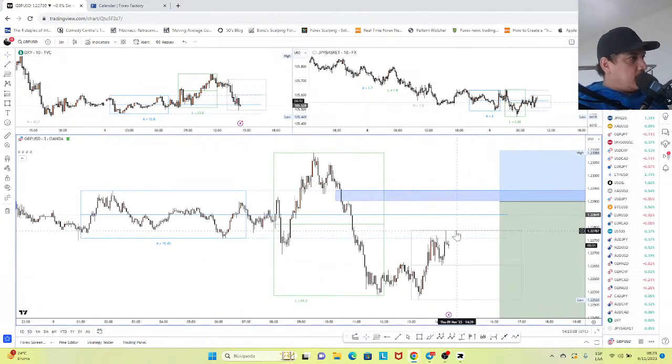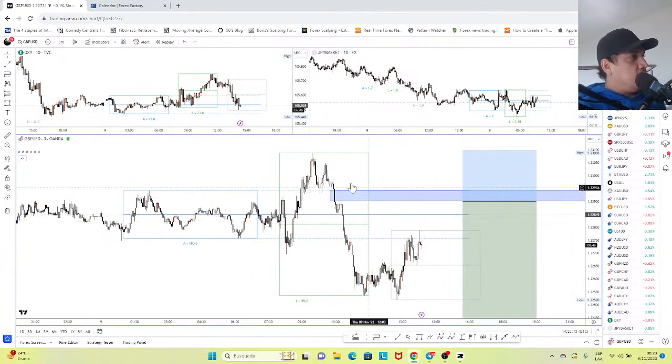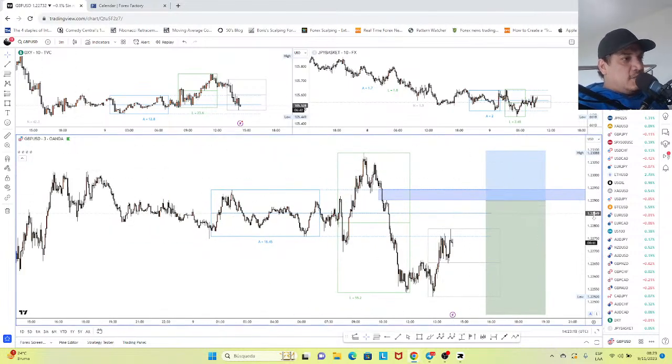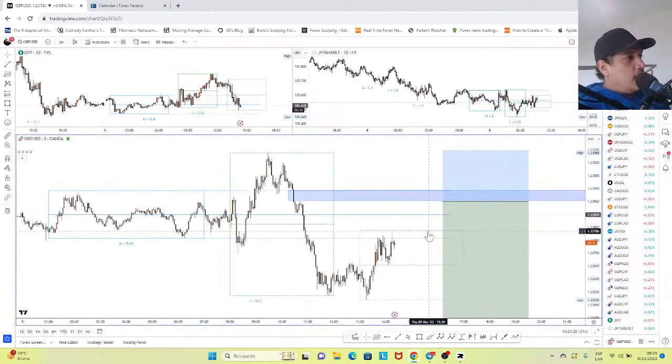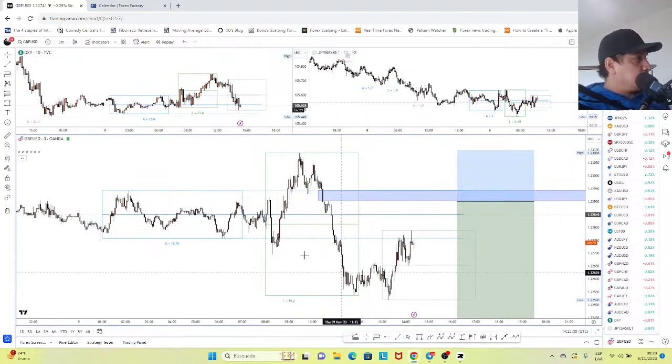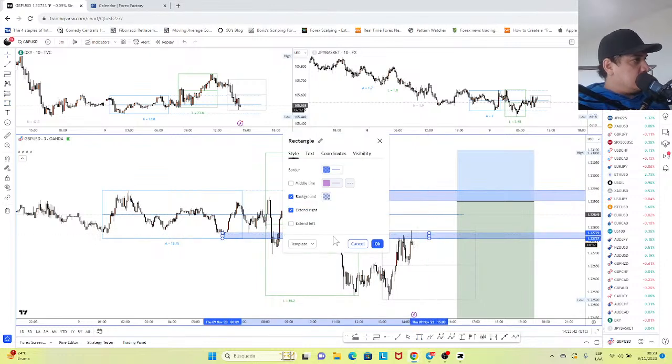And on the short side here on the GBP US dollar, what I'm waiting for here is quite simple. Right now we have that trap. All of this is trap. Previous broken highs.